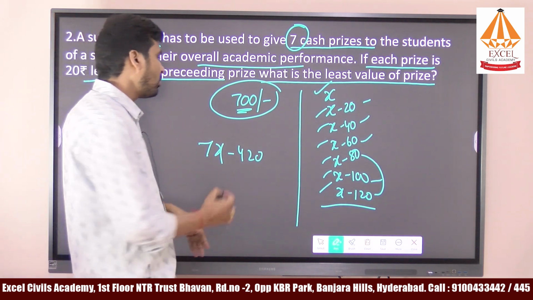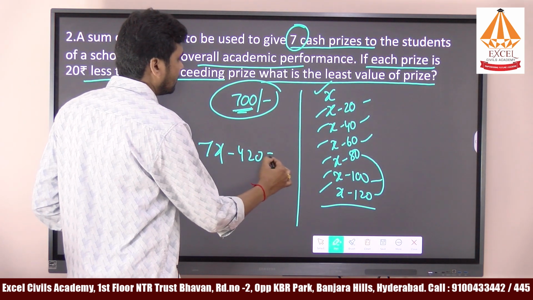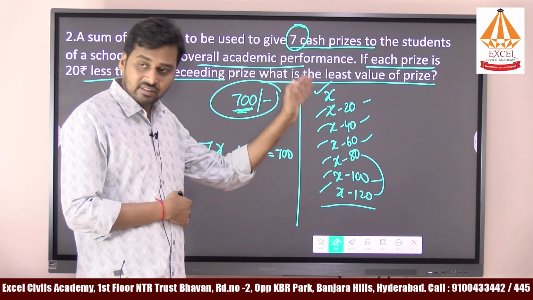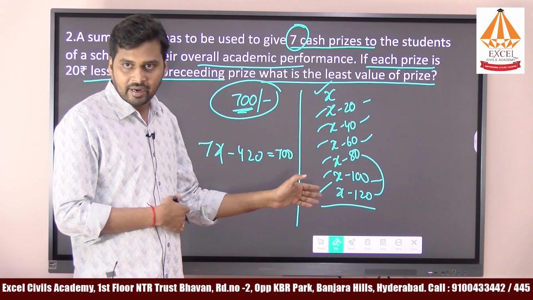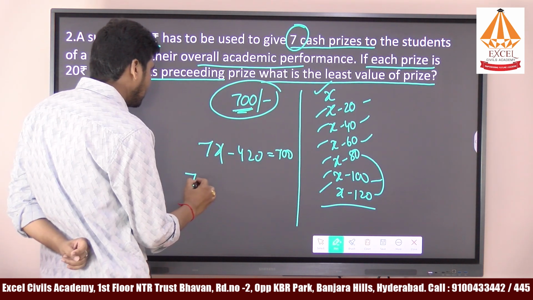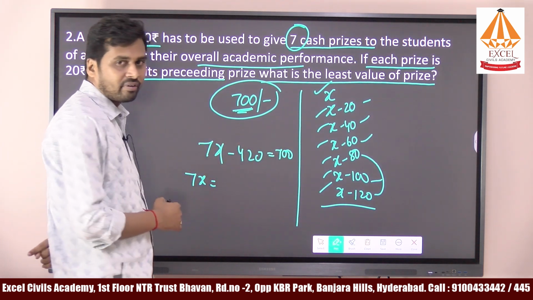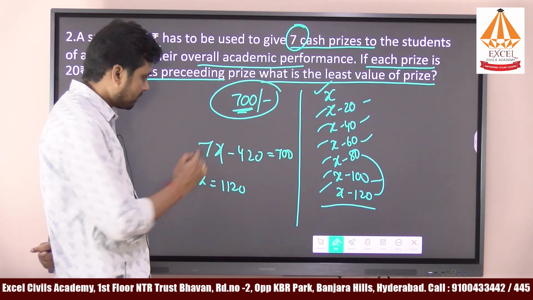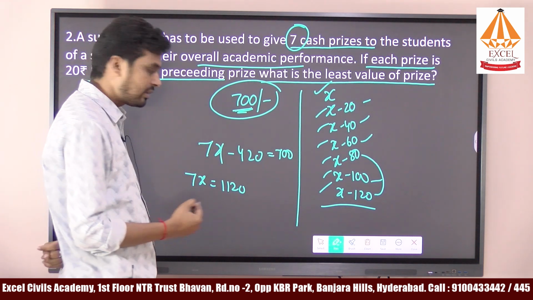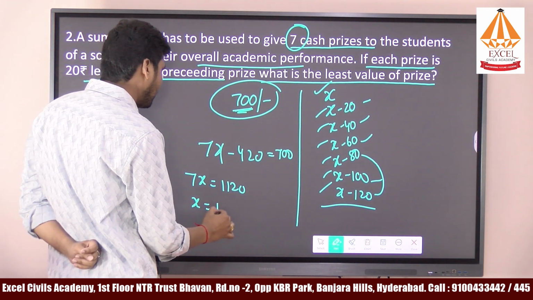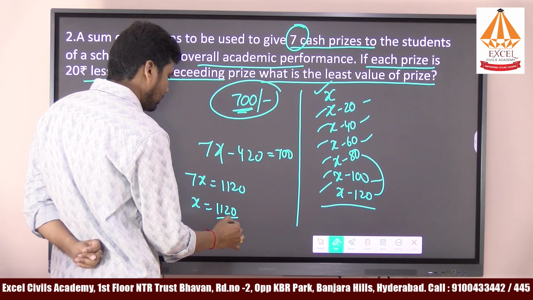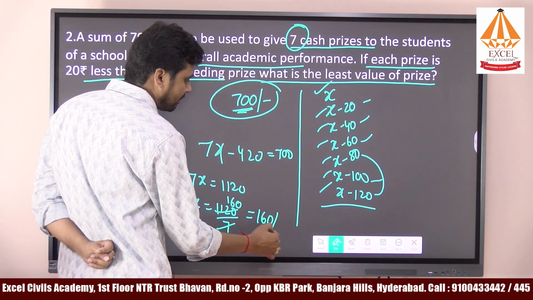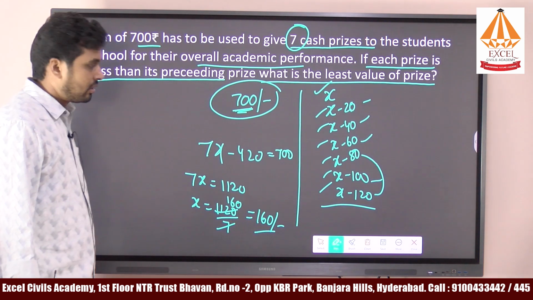This 7x minus 420 is equal to 700, because this 700 is distributed among the 7 people. So 7x is equal to 700 plus 420, which is 1120. Therefore, x is equal to 1120 divided by 7, which is 160. So the x value is 160.